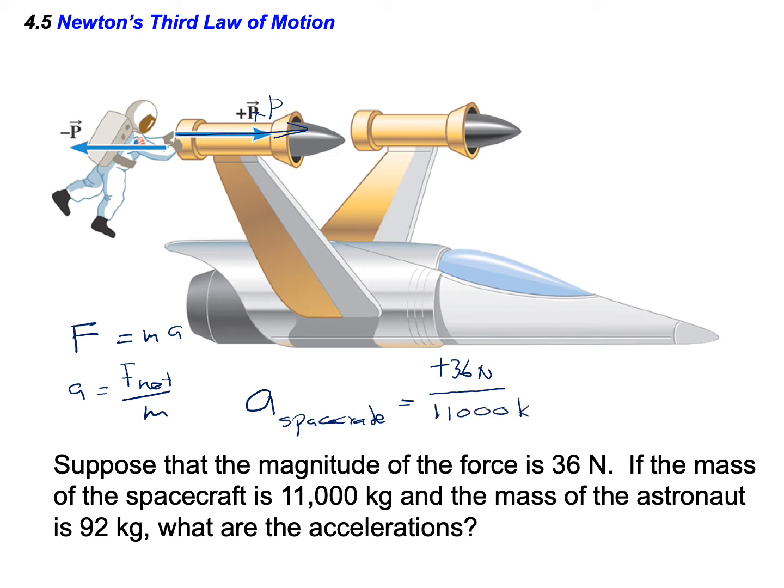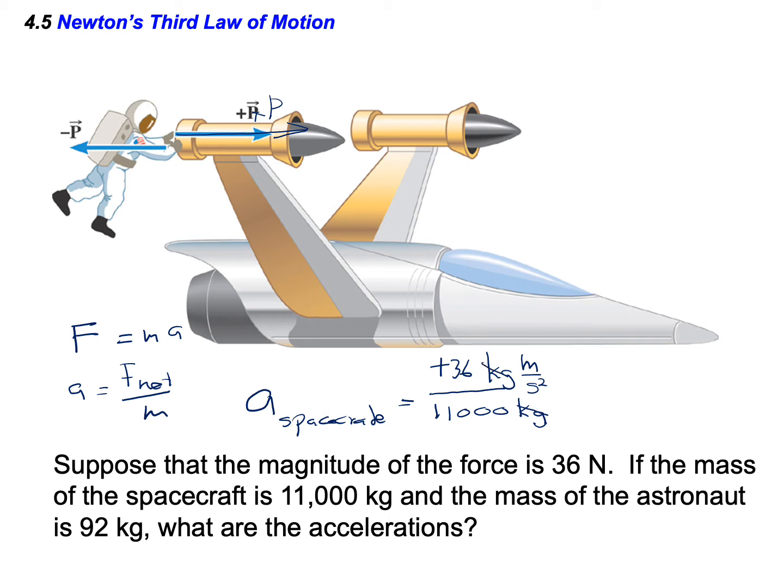11,000 kilograms. And instead of writing newtons here, I'm going to write kilograms meters per second square, because a newton is kilograms meters per second square. The reason I wrote it like this is, here you have kilograms, here you also have kilograms, you can cancel.